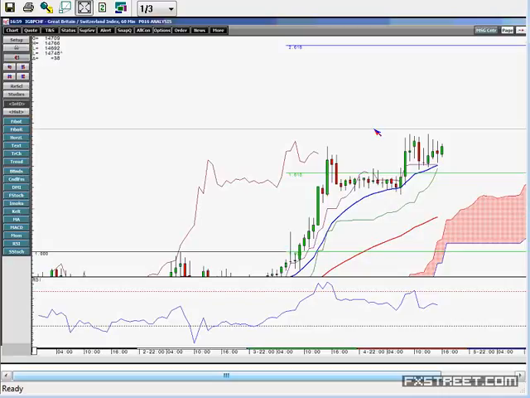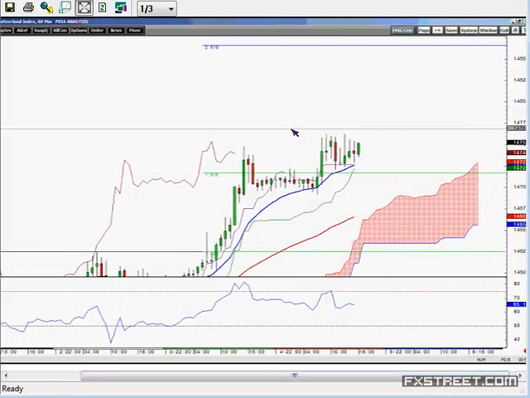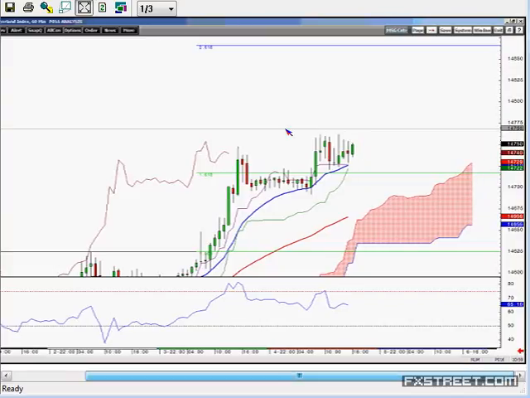I am a technical analyst, and that's what I do for a living, but I always have fundamentals in the background. When it gets up towards 148.50, I think the short-term bias will be to the downside. And yeah, you could probably make some decent pips, but I can't see the long-term bias being down.